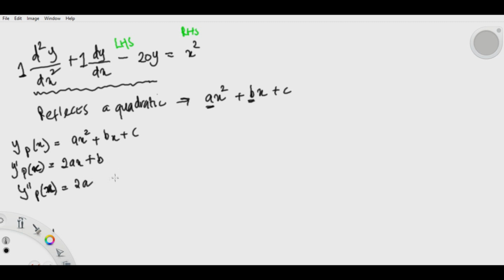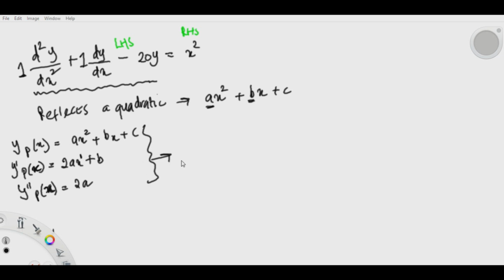Remember the rule for differentiation is multiply by the power and take one from the power. The power of x here was 1, 1 times 2 is just 2, and you take 1 from the power, which makes it 0. X to the 0, or anything to the 0, is 1. 1 times 2a is 2a. Now, this part's very important, and we're going to use this in the next slide.